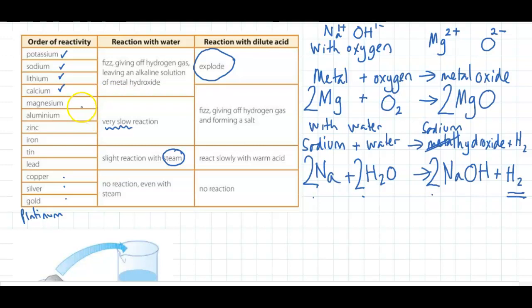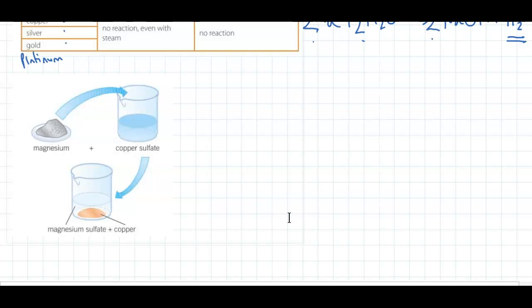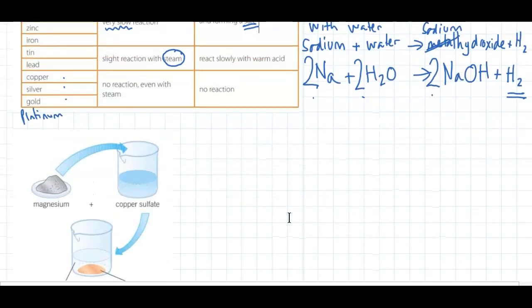Calcium, magnesium, group 2. Group 3, aluminium. They react with acids, they fizz, giving off hydrogen gas and forming a salt, which is the next thing we're going to talk about. Okay. Let's write an equation. I need to make a bit of space.